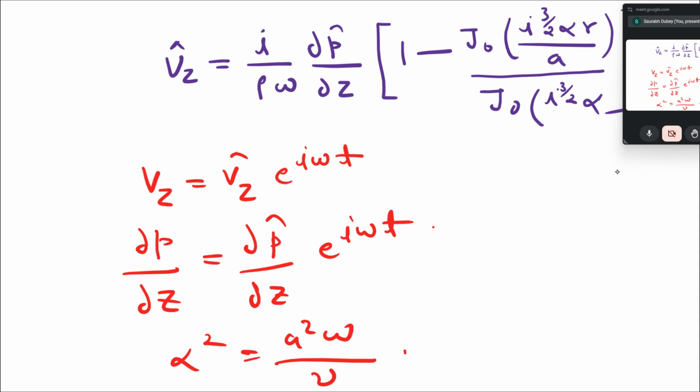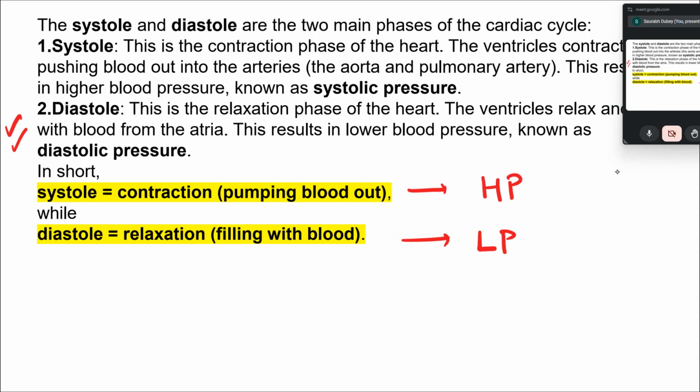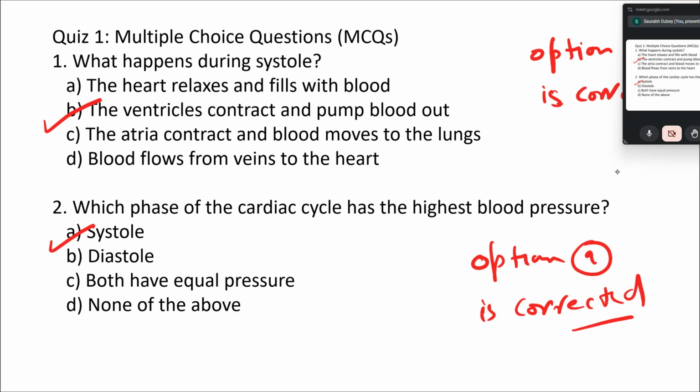And now if you see, this is the difference between systole and diastole. Systole: contraction, high pressure, pumping blood out. Diastole: relaxation, filling with blood, low pressure. So in the context of the heart, okay. These were some of the questions that we have solved.